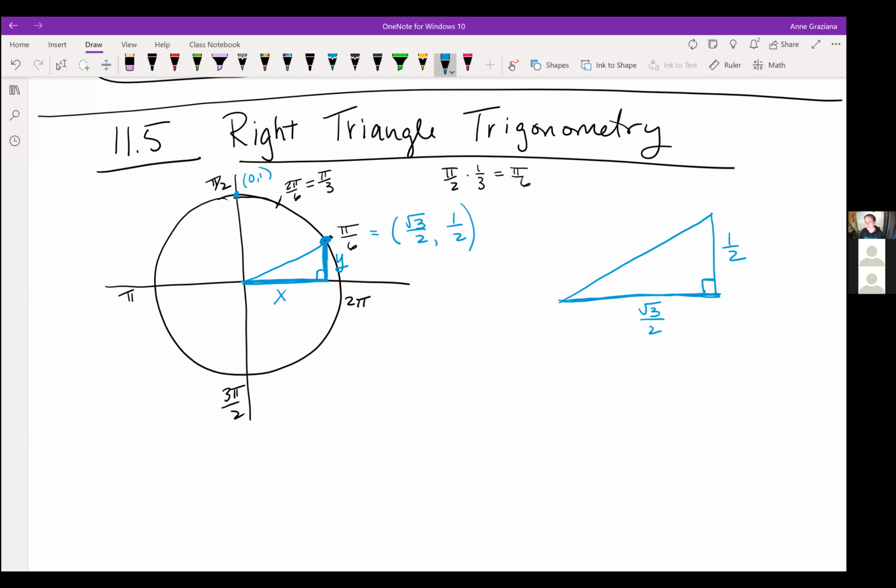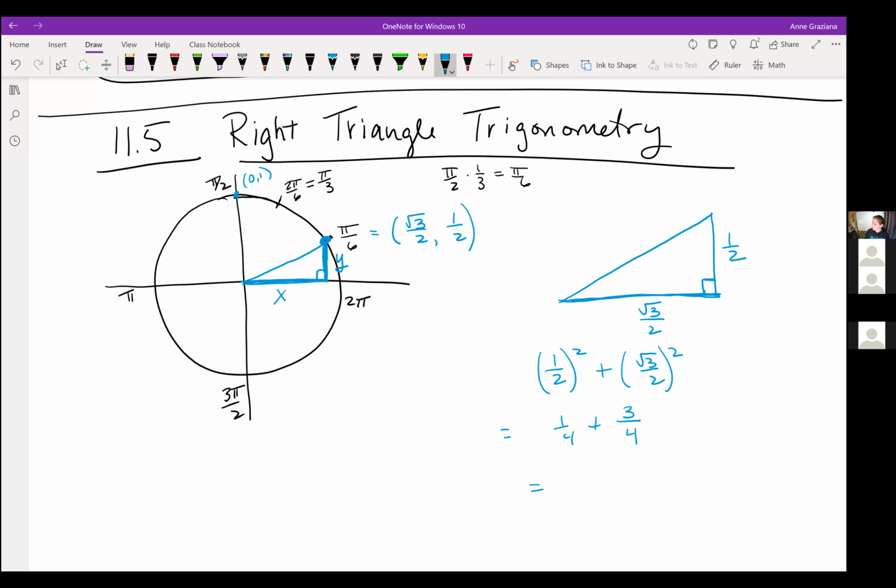Anybody know it? If you're not sure, we can get it. What theorem would we use? Pythagorean theorem. That's right. So let's square these and add them. This is 1/4. Squaring square root of 3 is just 3 over 4.